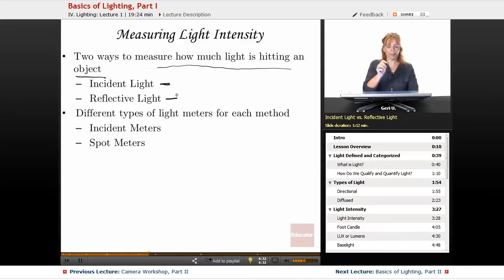or your eye. So different types of light meters are needed for each method of measuring how much light is either falling on the object or coming back from the object to the camera.